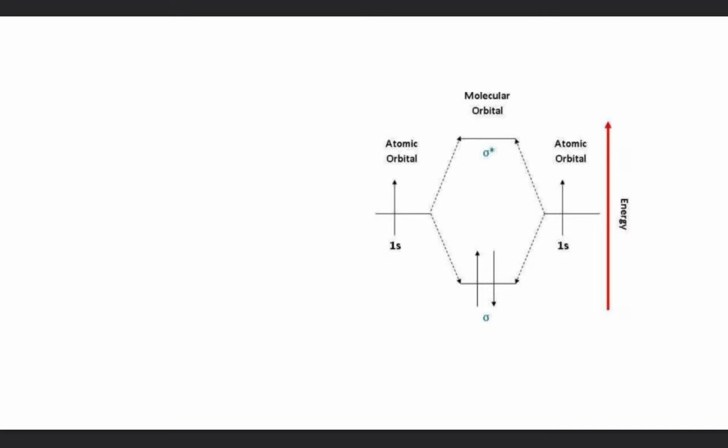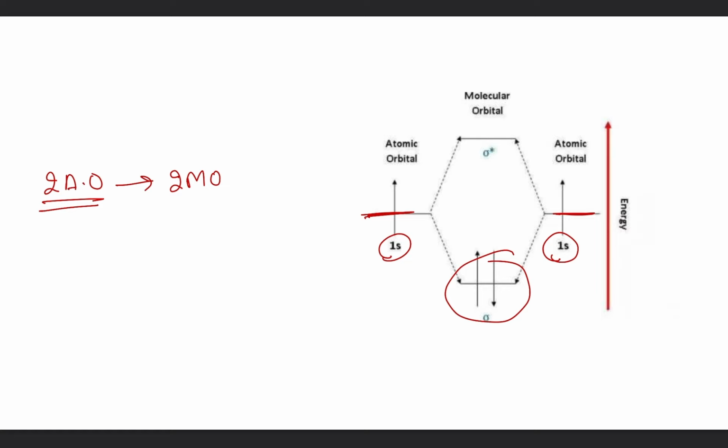Now the same is represented in this diagram. See, the 1s orbital and 1s orbital are the atomic orbitals. Now we have two atomic orbitals, they will overlap and give two molecular orbitals. This is the first molecular orbital, and this is the second molecular orbital.